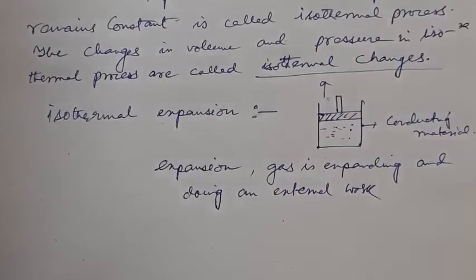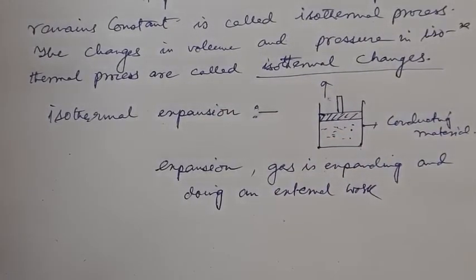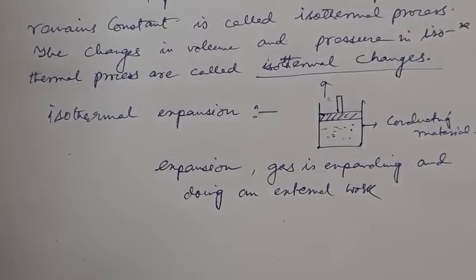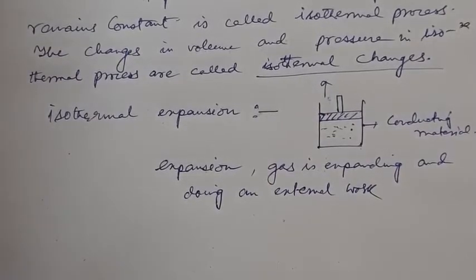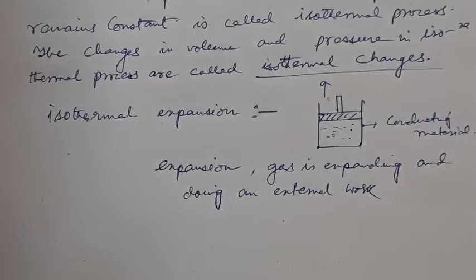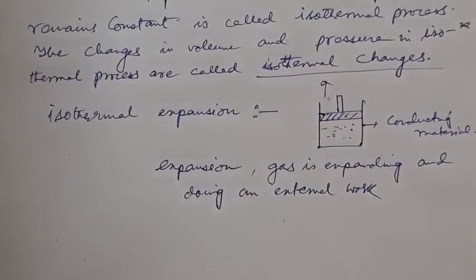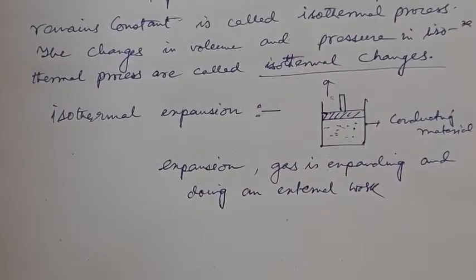Now, as metal is a good conductor of heat and the expansion of the gas is very slow, heat will enter the metallic cylinder from its surroundings and keep the temperature of the gas constant. I repeat, here we get the help of two things to keep the temperature constant. Factor one is metal: the body is made of metal, and metal is a good conductor of heat.